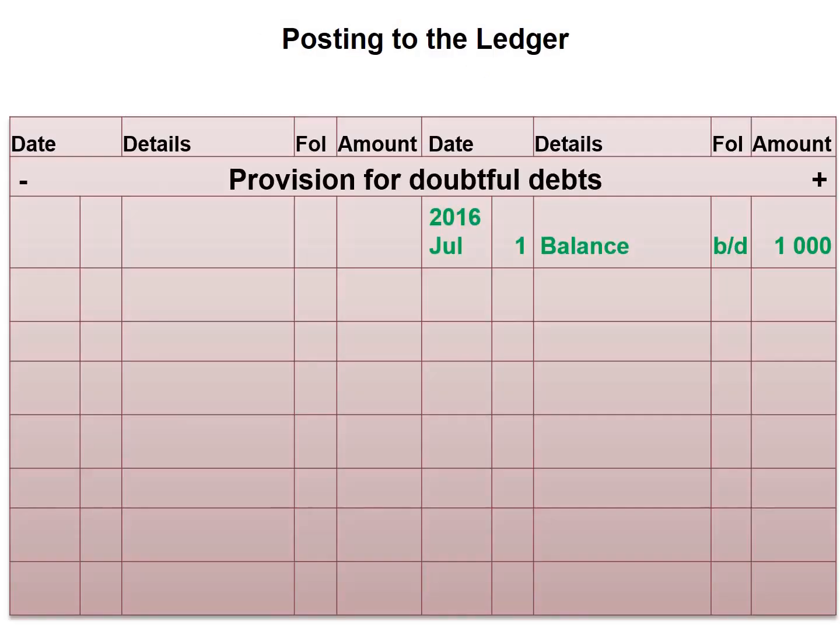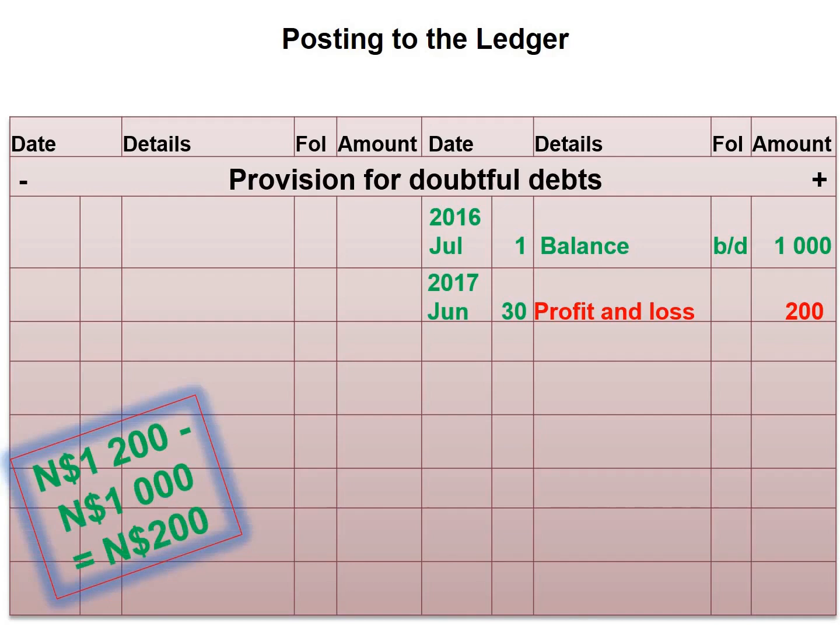So now back to the ledger again. We will enter $200 on the credit side of our provision for doubtful debts account. Why? Because the 1,200 we calculated and our provision for doubtful debts balance was 1,000, so the difference between the two will be 200.